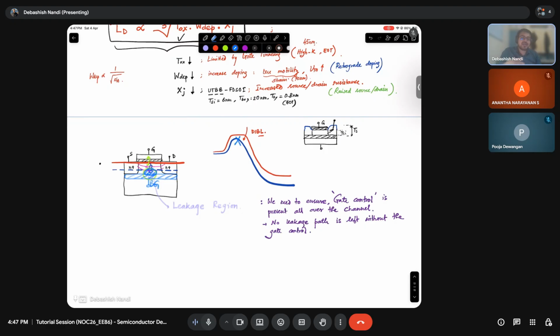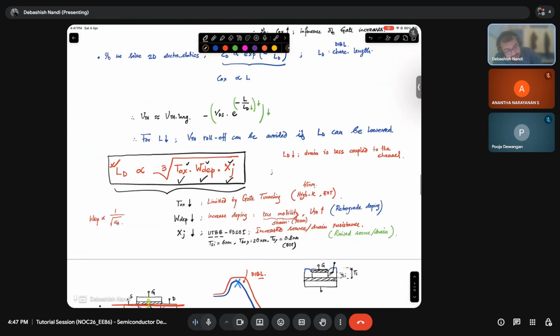So what is better than two sides? This is called gate on the top, gate on the bottom. But if I keep lowering my length, I know my LD has to go further lower, right? If I have L lowered to avoid the threshold voltage roll off, I need to have lower LD.